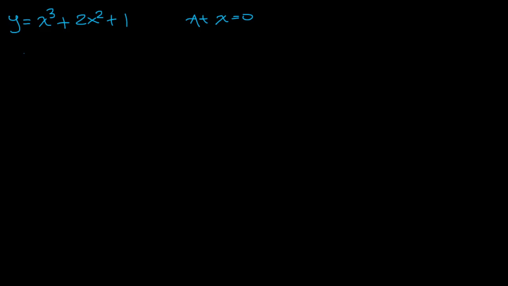So in order to figure this out, we first have to calculate the slope of the tangent, right? So how do we calculate slope? Well, we take the derivative of this.